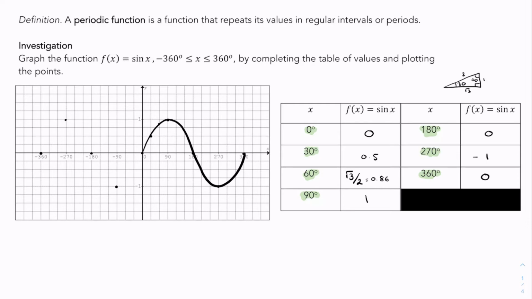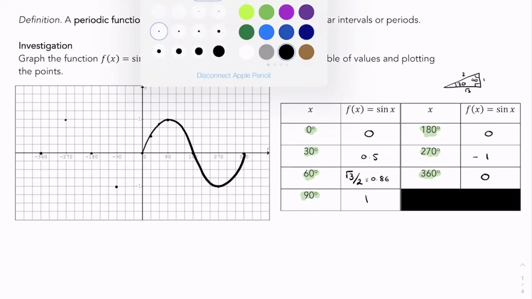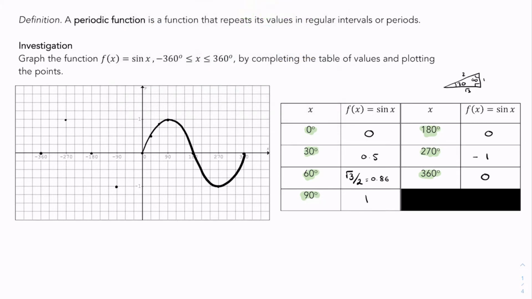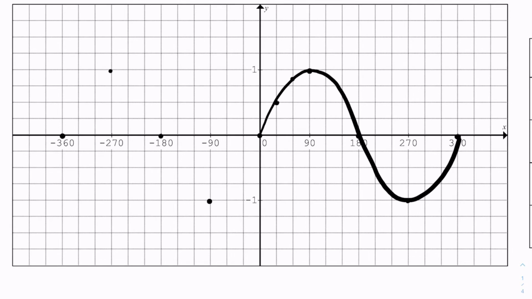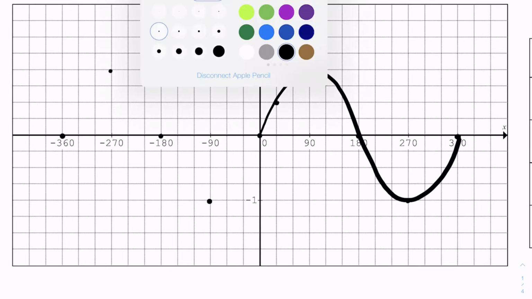Again, if you want to confirm that for yourself, plug it into a calculator and you'll find that you get the exact same values. So once again, I'm going to zoom in here and just fill out the rest of this graph. It's going to go down and then up and then back down again. Yeah, I don't like that. It's a bit too thick.